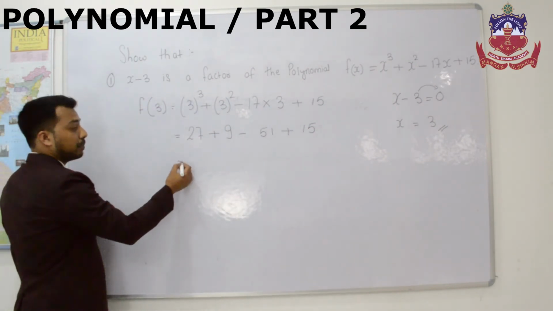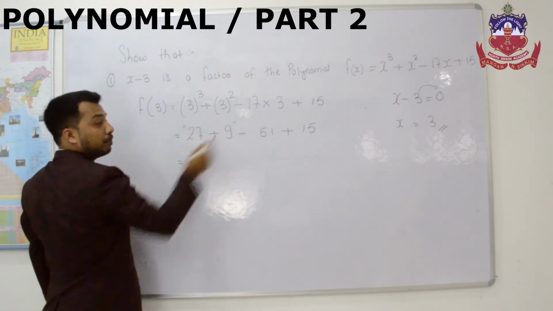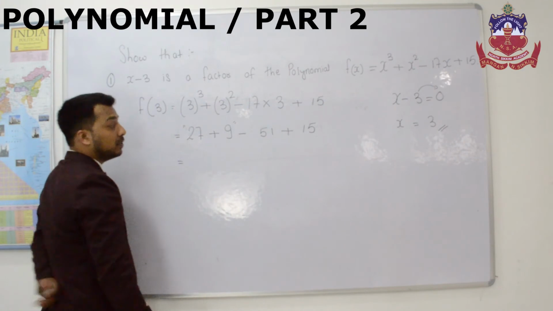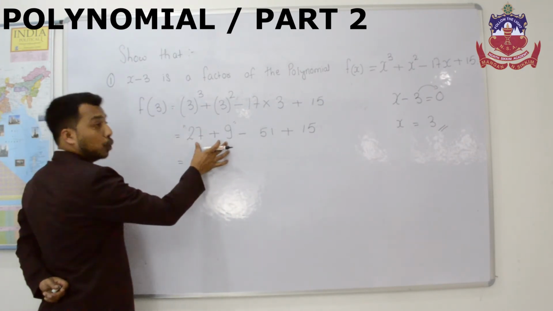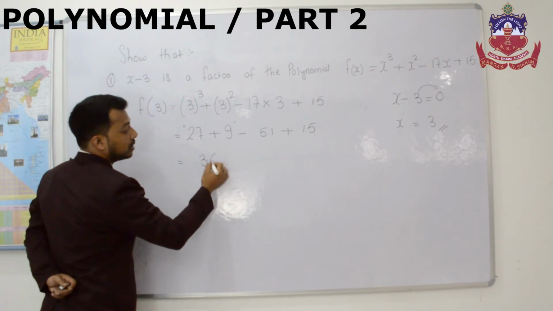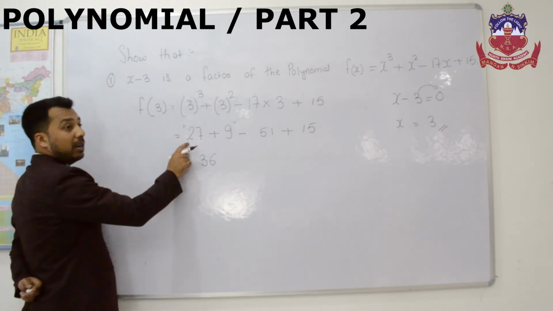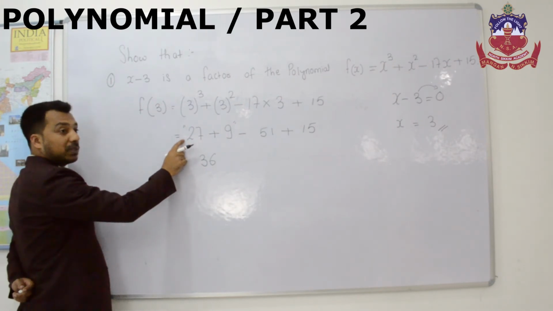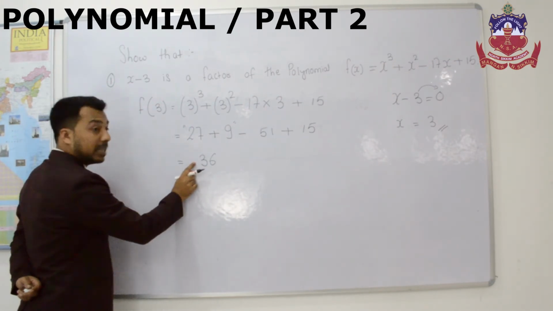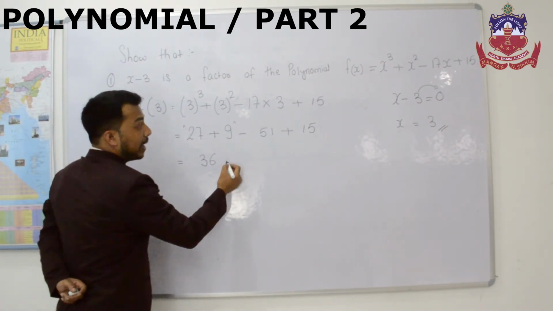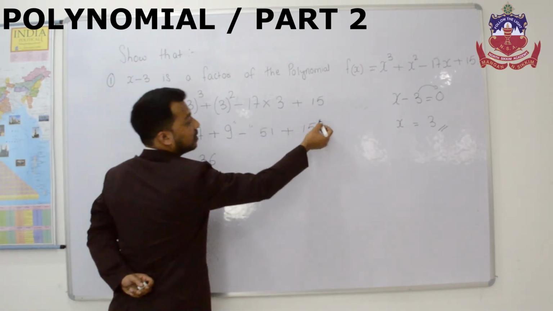In the next step, we can add these two, as 27 has a positive sign and 9 also has a positive sign. So the addition of these two will give us the answer 36. The sign will be that of the bigger number. Since 27 is a bigger number, it has a positive sign, which can be written or it can be ignored. And then let's solve the second part.